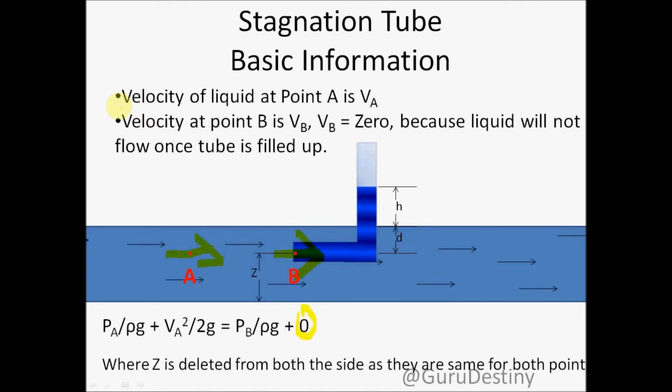The velocity of liquid at point A is VA. The velocity at point B is VB, and VB is 0 because the liquid will not flow once the tube is filled up. Here we also cancel Z from both sides as it is the same for both points, so there is no Z here.